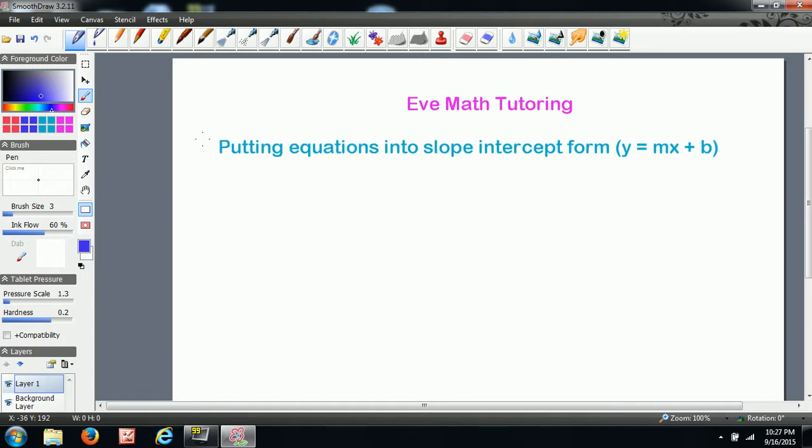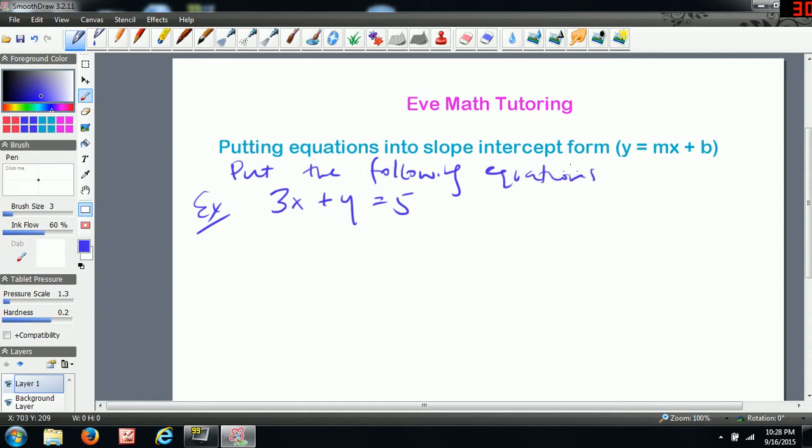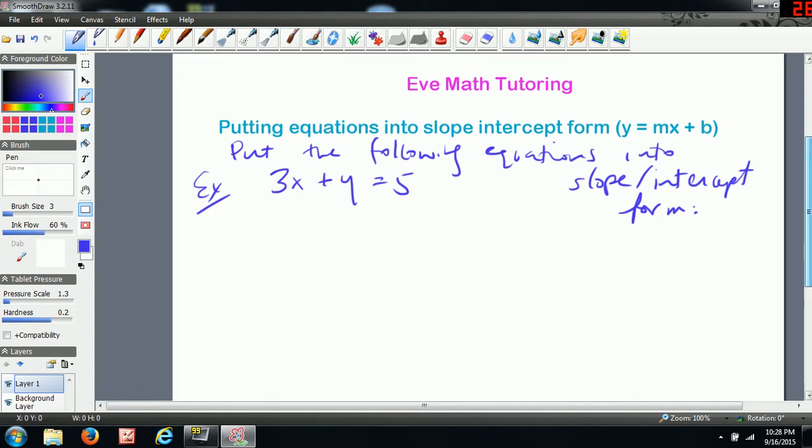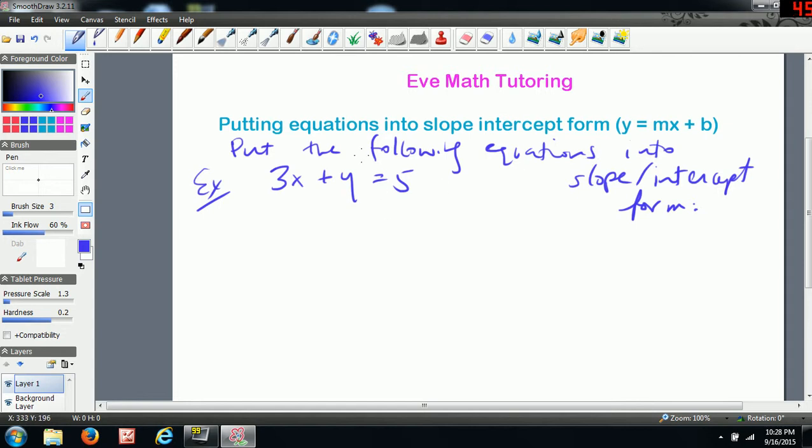Today's lesson is on putting equations into slope-intercept form, also known as y equals mx plus b form. So if you're given a regular equation, sometimes the reason for putting an equation in slope-intercept form is that it's easier to graph the equation when you have it in that form.